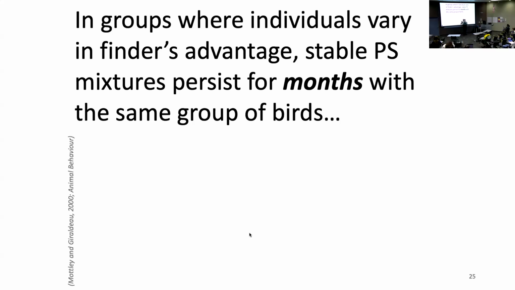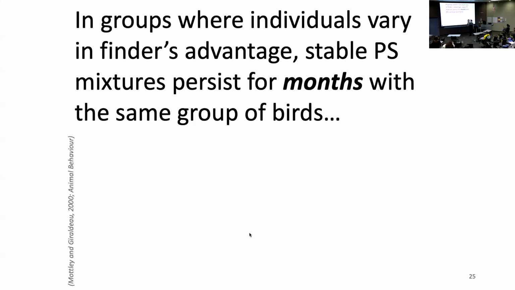So not only are these BSS proportions correct, but it actually sorts birds into producers and scroungers. What's the symmetry breaking that's happening? It might be that some birds are a little better at finding the food, and some are a little better at finding other birds. I don't want to call it a division of labor, but it ends up being a matching: birds that are better producers tend to be producers, and birds that are better scroungers tend to be scroungers.